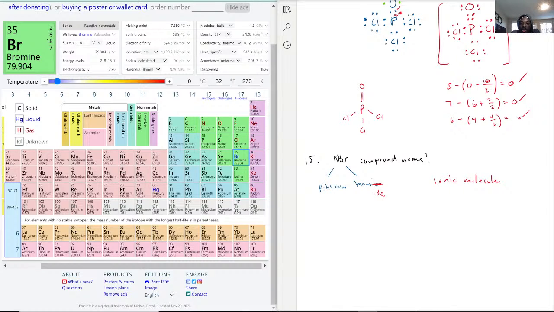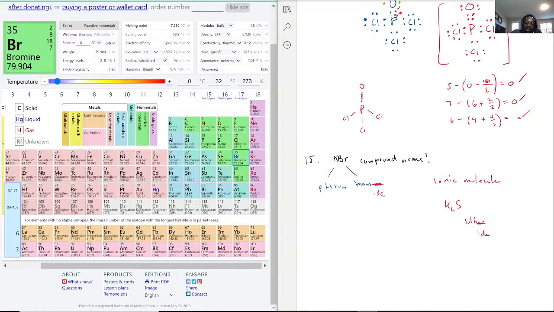When it's just the element itself in the non-metal section, you just drop the INE and turn it into IDE. If you had something like K2S, this would be potassium sulfide, because for sulfur, you drop the UR and just replace it with IDE.